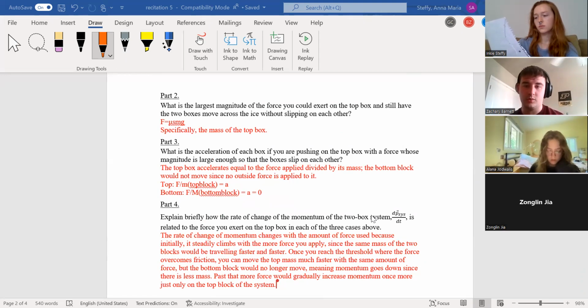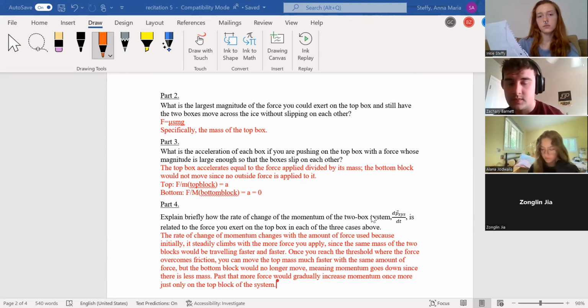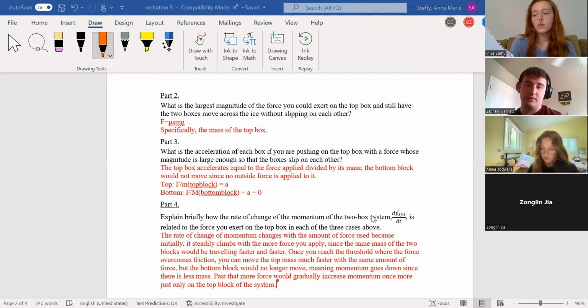They're exactly equal, nothing slips. I said specifically the mass of the top box would be the factor in that. So the force applied would equal the static friction coefficient times mass and gravity, which is the normal force.